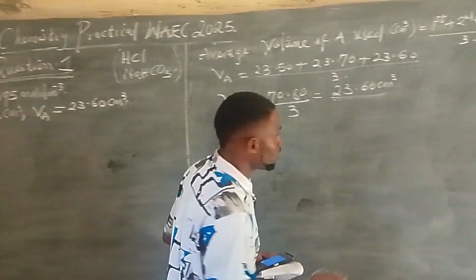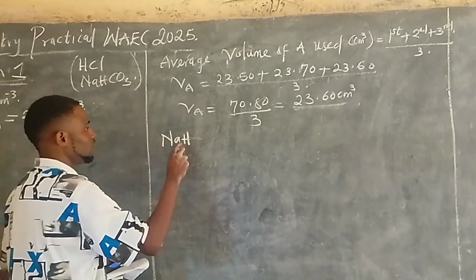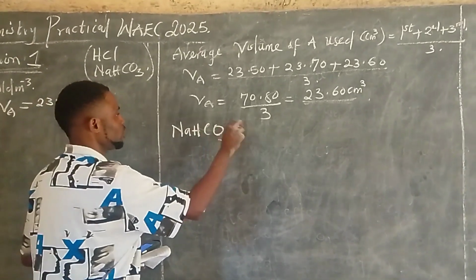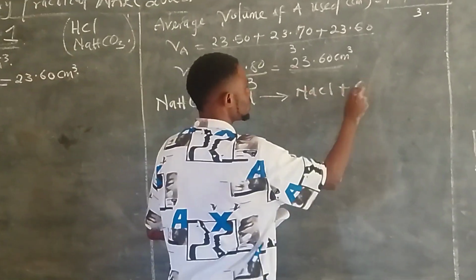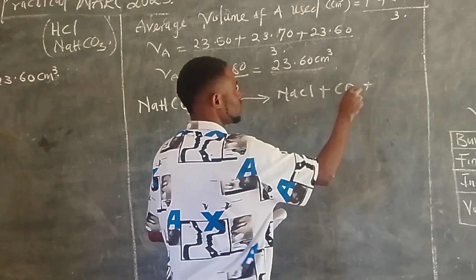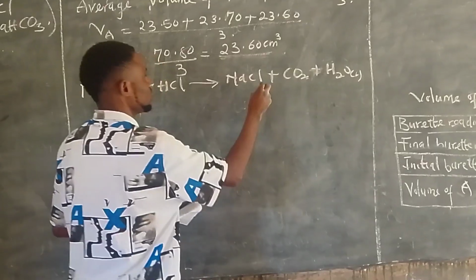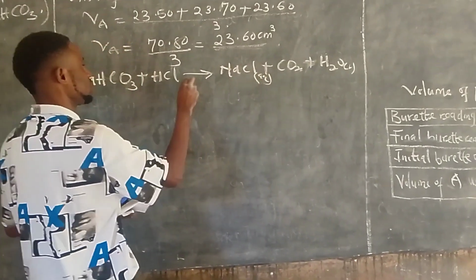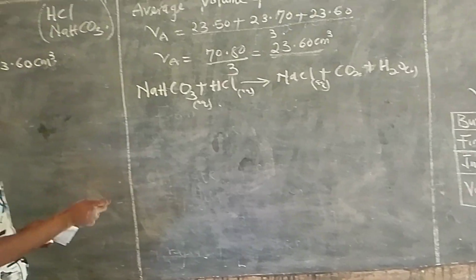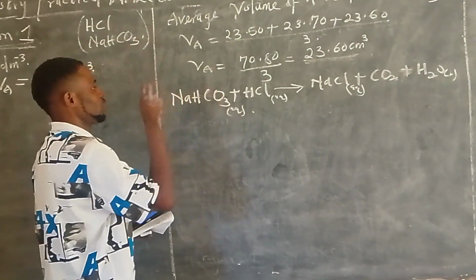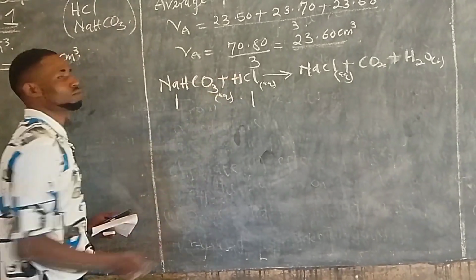Then from the equation we have NaHCO3 plus HCl to give NaCl plus CO2 plus H2O. This is liquid. This is aqueous. This is aqueous. This is aqueous.